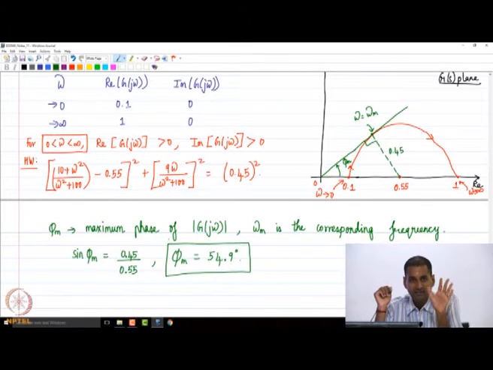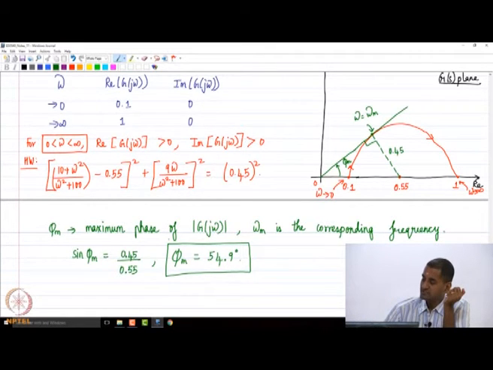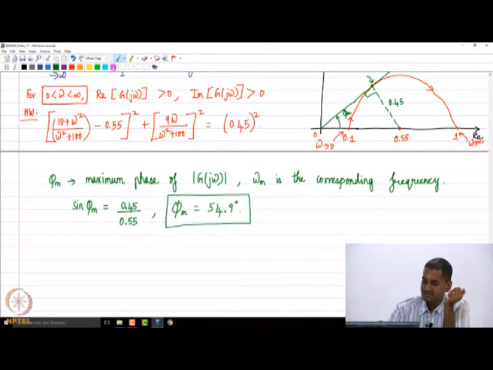By and large, if this phase angle is positive, that means that there is a phase lead. And if the phase angle is negative, that means there is a phase lag. This is just an aside.